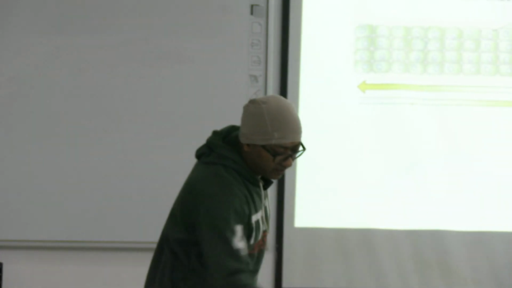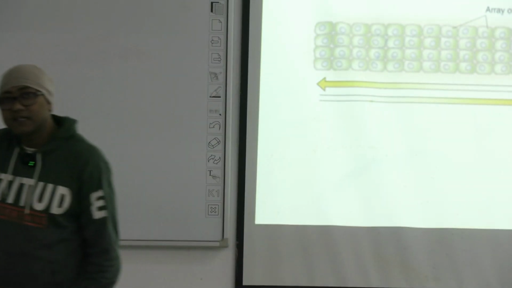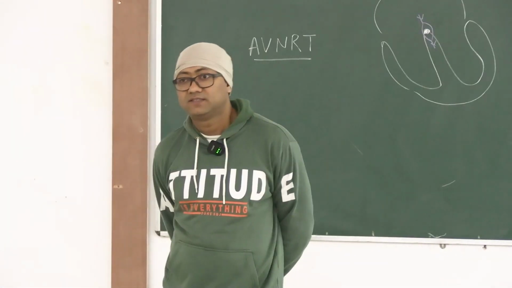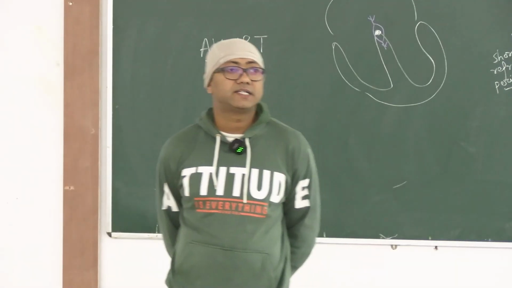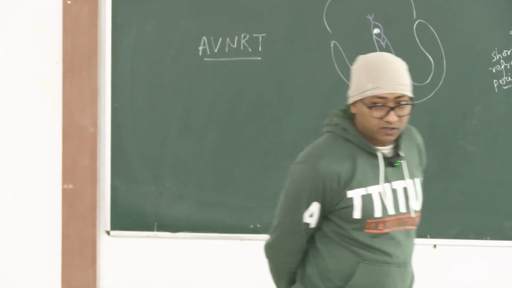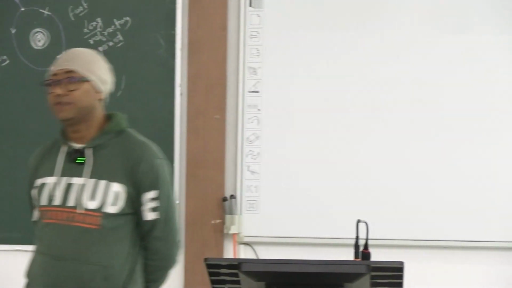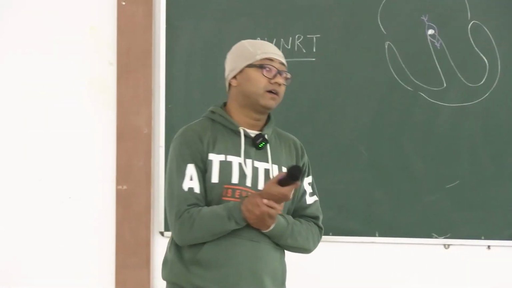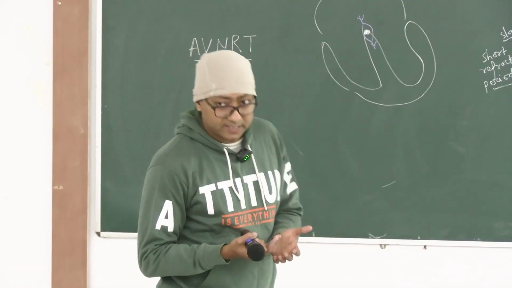It is called AV nodal re-entrant tachycardia. The patient will be complaining of palpitation, and the heart rate will be 150 to 200. So when you see the patient is having palpitation and the pulse rate is more than 150, you suspect a case of re-entrant tachycardia.